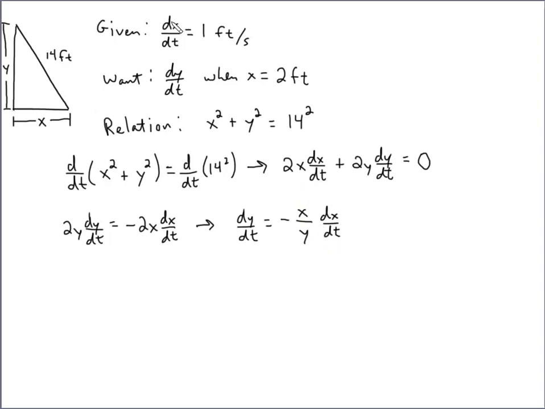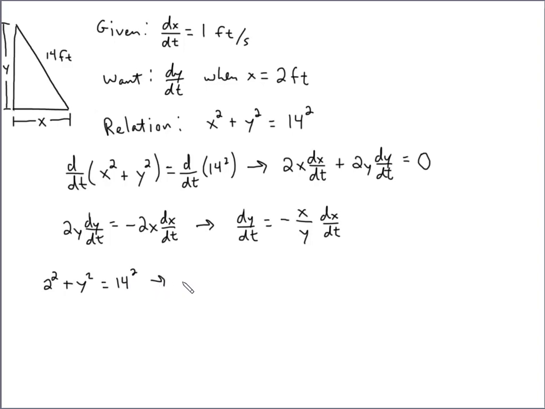What do we have? We've got a dx/dt, that's good. We have an x, but we're missing a y value. So how are we going to find y? We have the relationship here that's going to tell us. We're interested in what y is when x is 2, so we plug in 2 for x and solve for y.